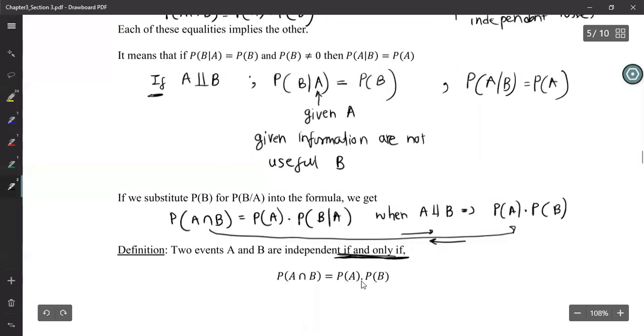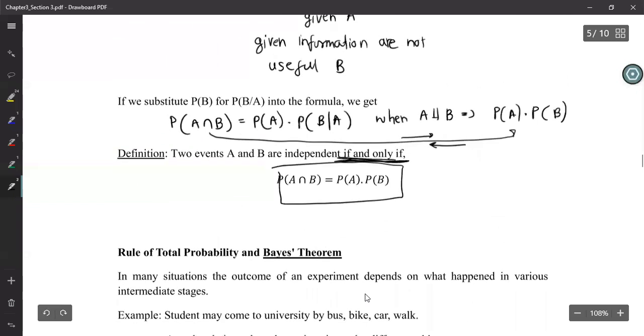So that is how you got this definition. So you have the multiplication rule in general, using the conditional probability. If the events are independent, the given information will be useless. So B given A becomes just B, A given B becomes just A, and your multiplication rule becomes this one, multiplication of A and B.